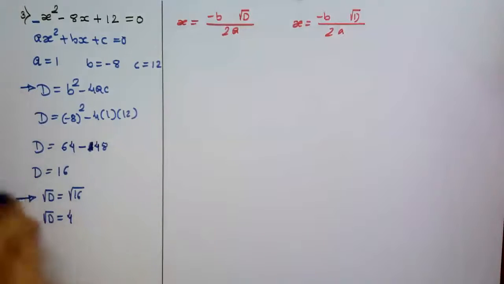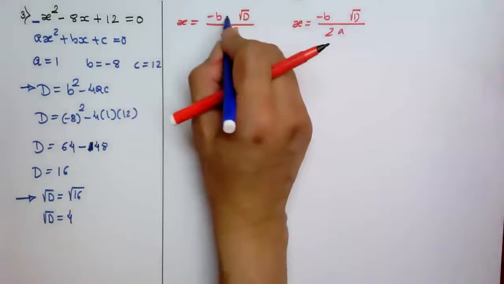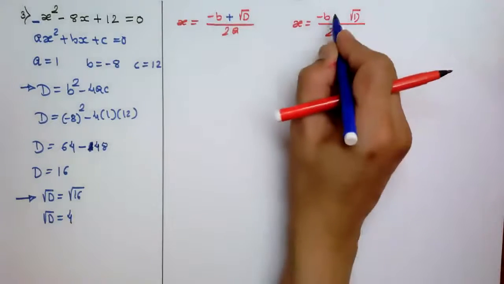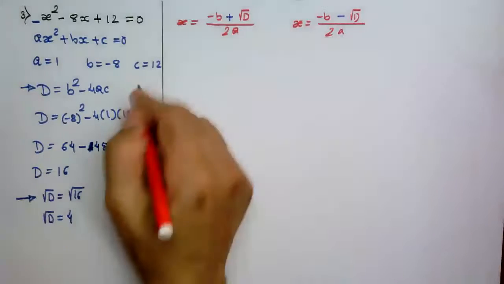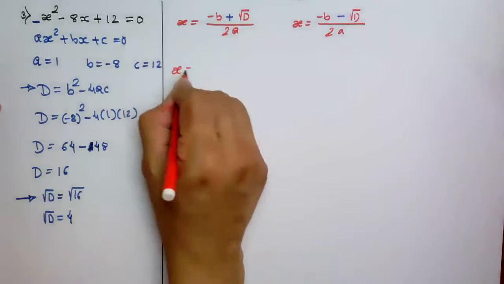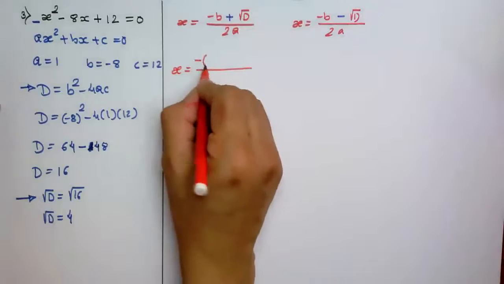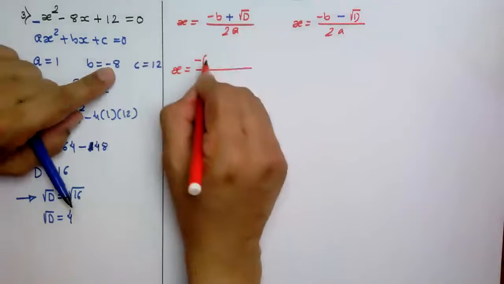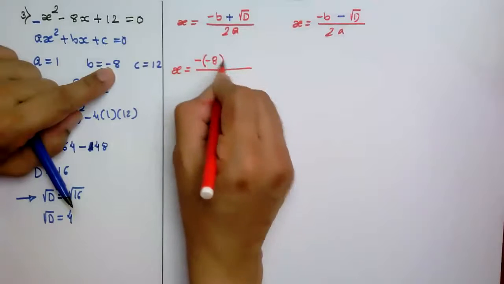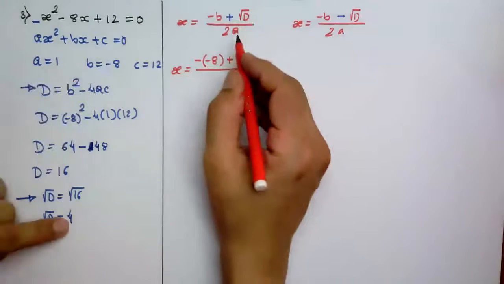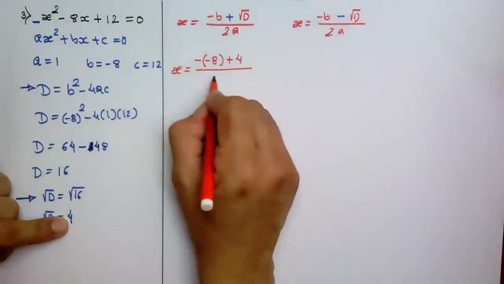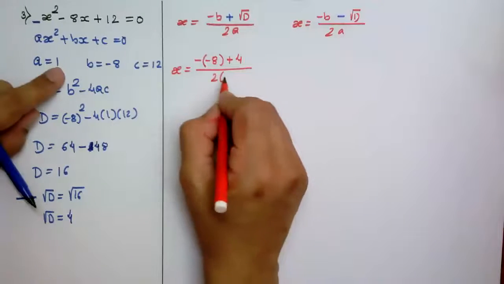The only difference is of sign, plus and minus. Okay. x is equal to minus, and the value of b is -8. Square root of D is 4. 2 times a is 1.